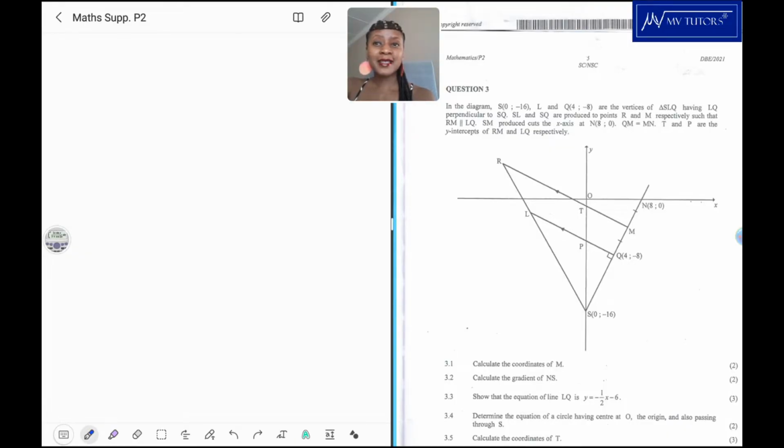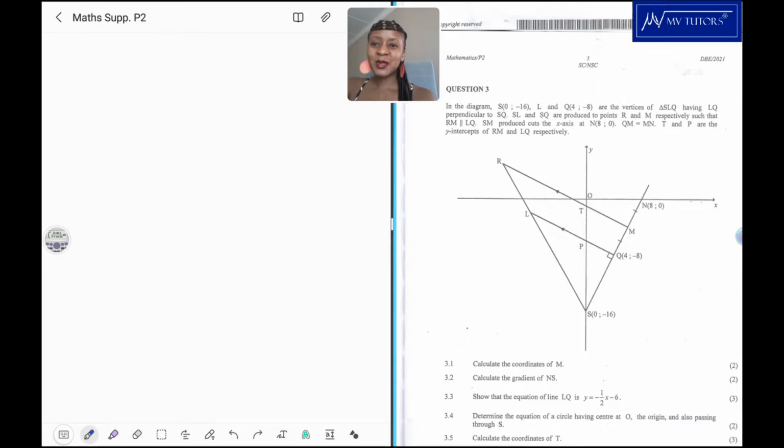SM produced cuts the x-axis at N. QM is equal to MN. Okay, so they have the same length. T and P are the y-intercepts of RM and LQ respectively.